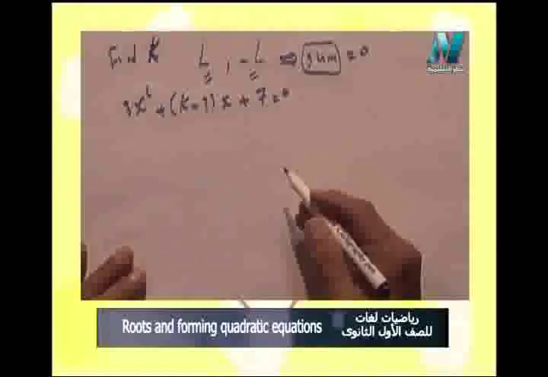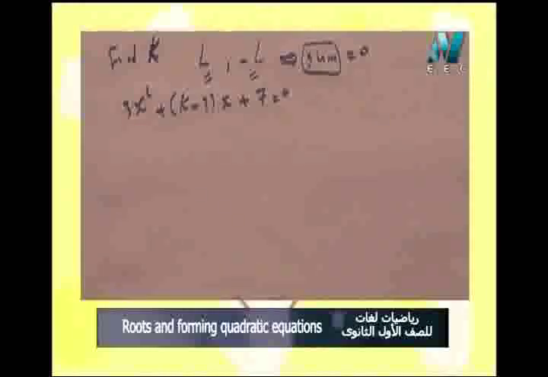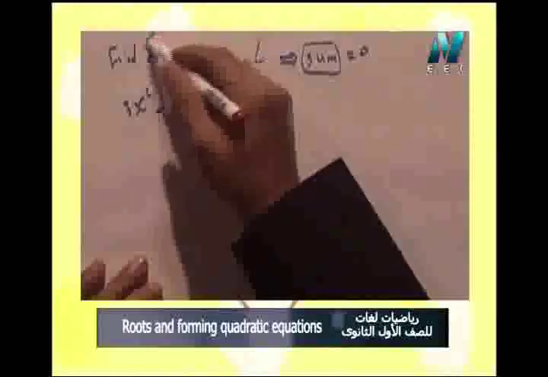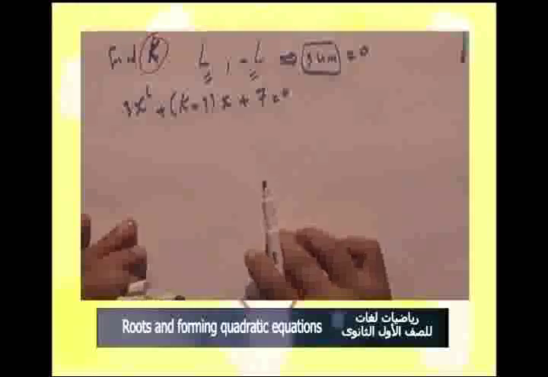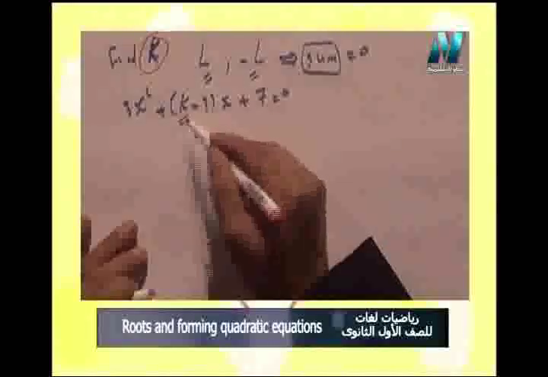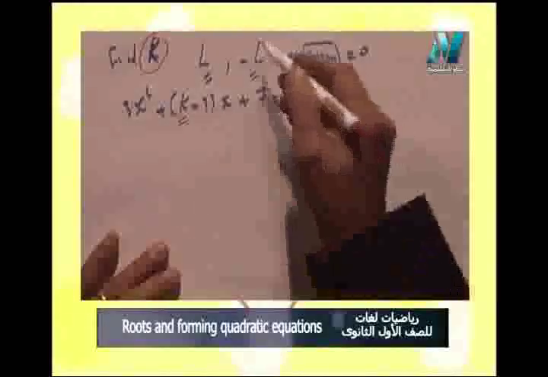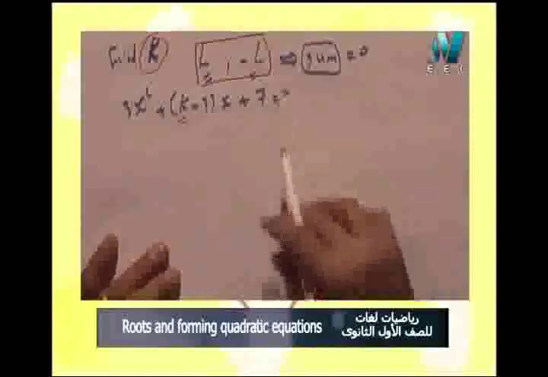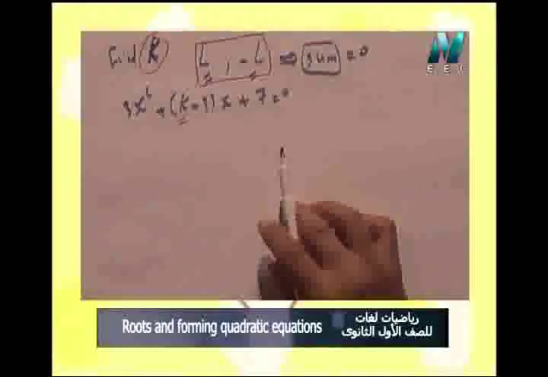We would like to find what? We would like to find k. K here is unknown, and we would like to find it here. And we have a very important information, which is one of the two roots is the additive inverse of the other, which means sum equals 0.